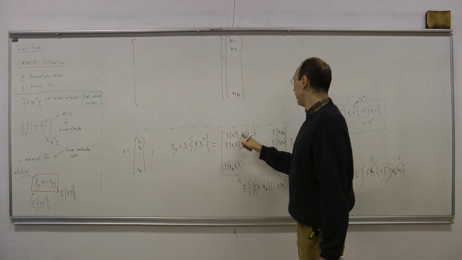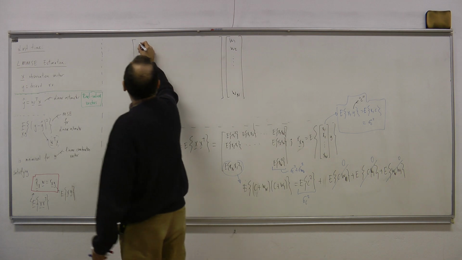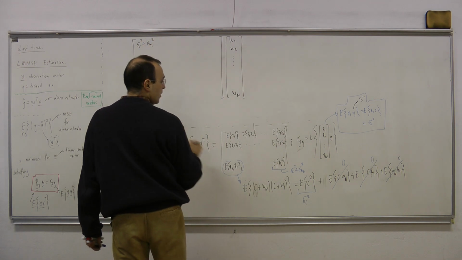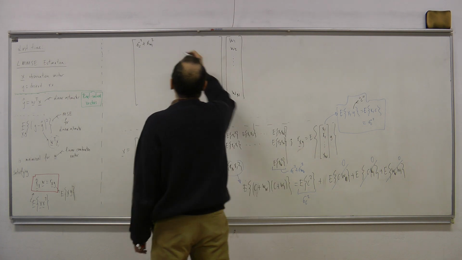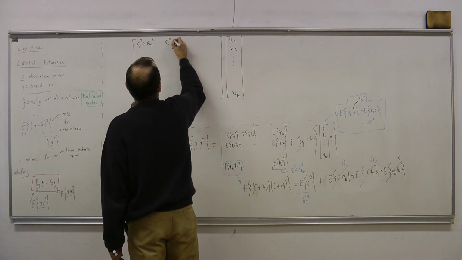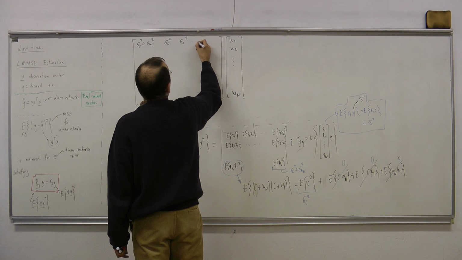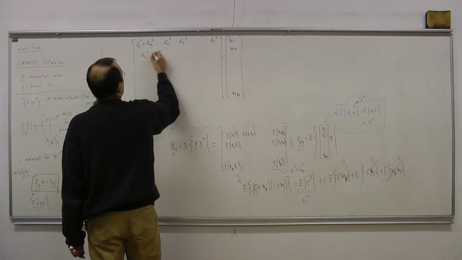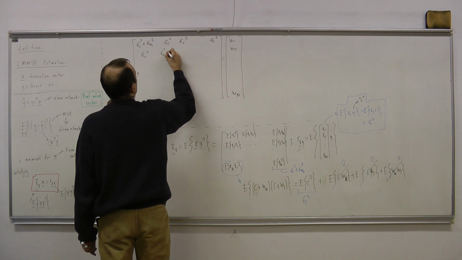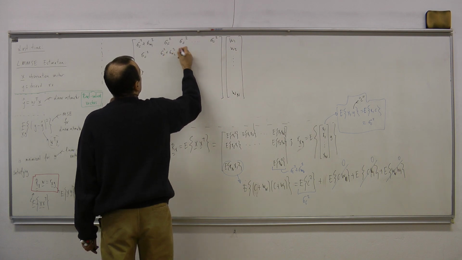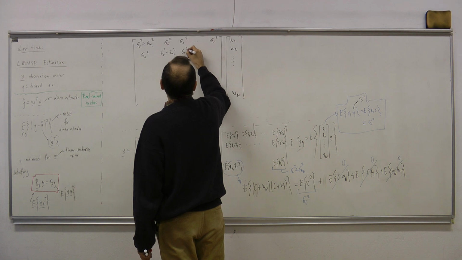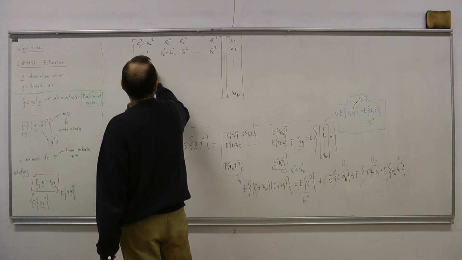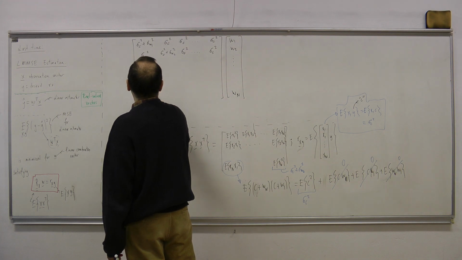So this one is sigma c squared plus W1 square, and this one is just sigma c square. Sigma c square. Sigma c square. That is it.